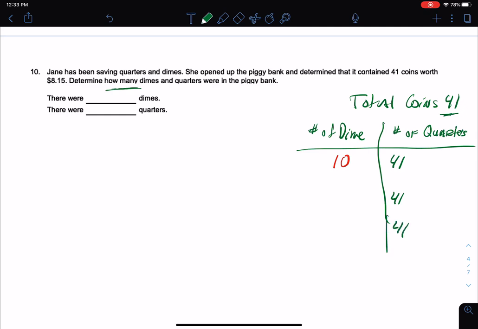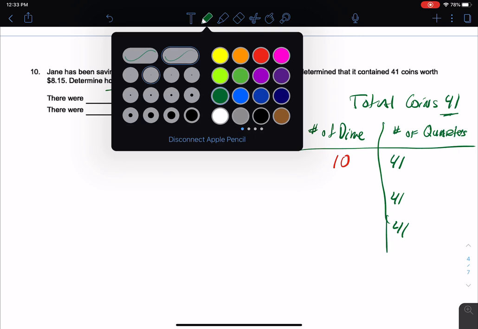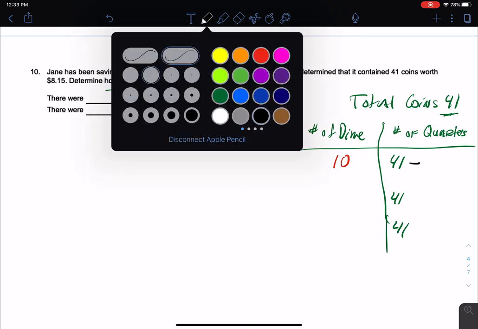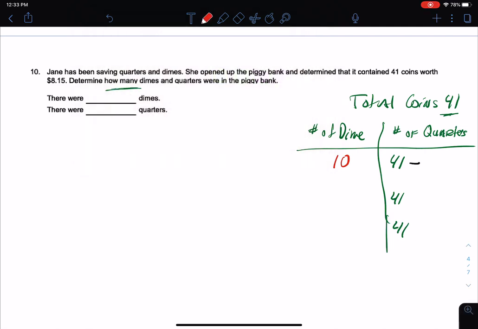If you used 10 of those coins as dimes, then the quarters are going to have to be 41 minus 10, which is 31 quarters. So that relationship is something you have to show in this problem.